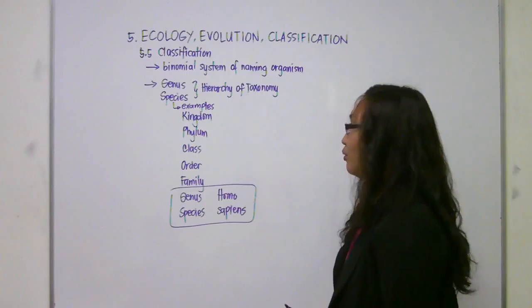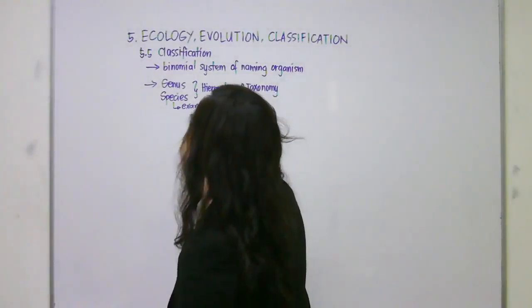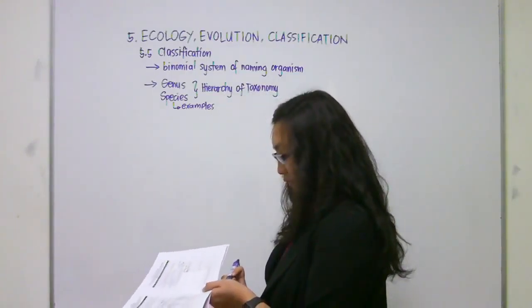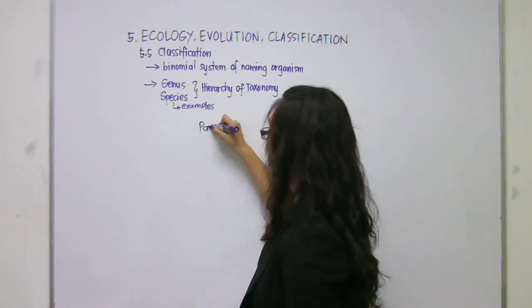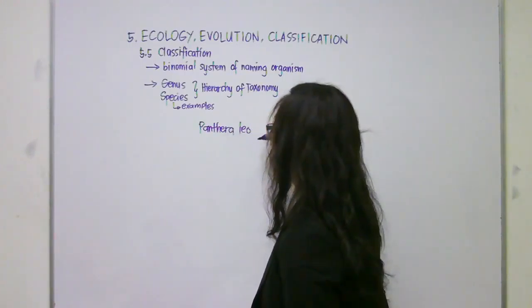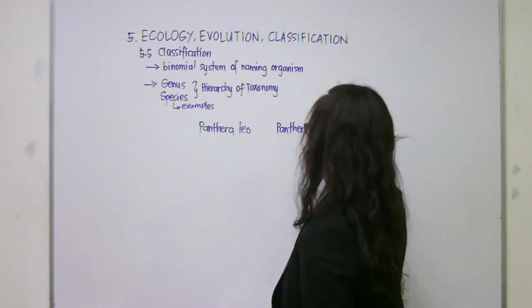You can also make a comparison between the binomial system of a tiger and a lion. Let's say we have a lion, Panthera leo, and a tiger, Panthera tigris.